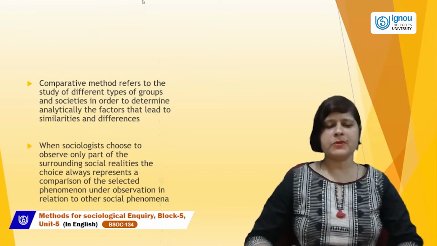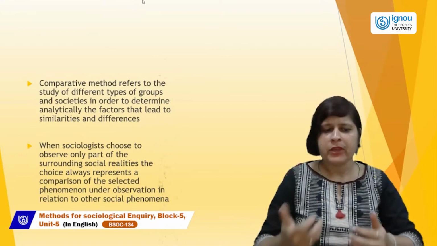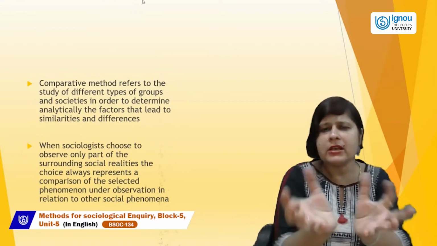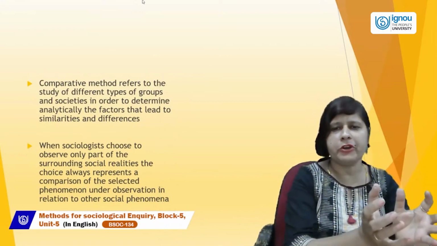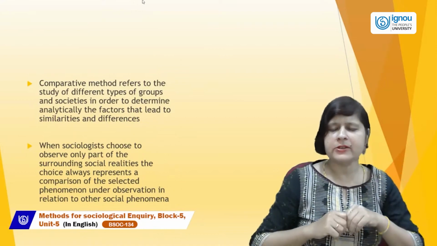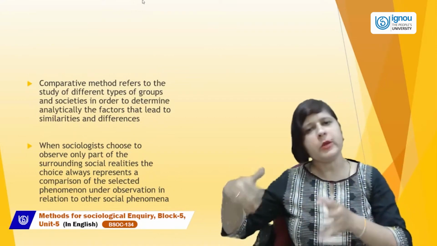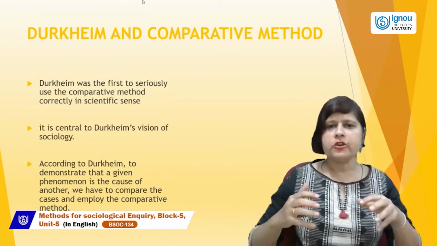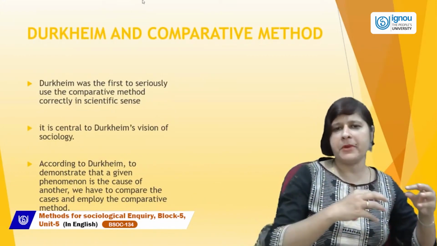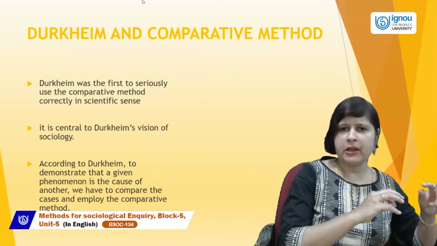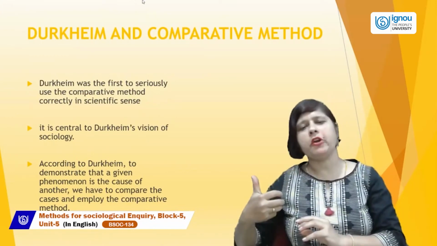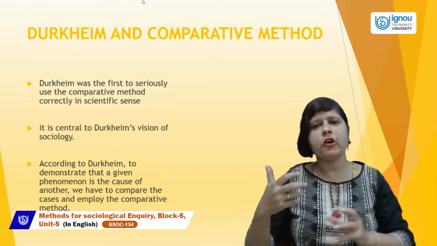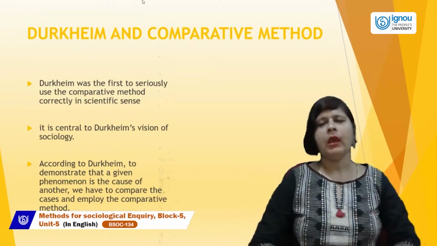When you choose a certain part of a social phenomenon, you compare it with the same phenomenon of the other society. It should not be that you compare one phenomenon of one society with a different phenomenon of another society. The phenomenon should be the same.